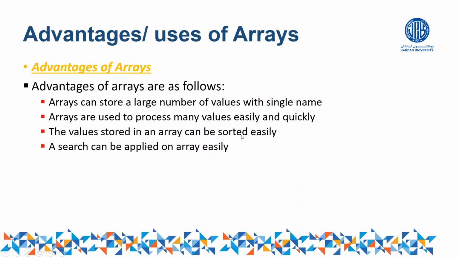Sorting is a topic related to the organization of elements in ascending or descending order. So you can organize or sort the values easily using an array. Also, a search can be applied on an array easily. You can apply different searching techniques, like binary searching and linear searching. These searches can be easily applied using an array.